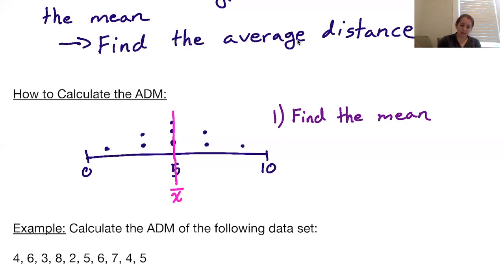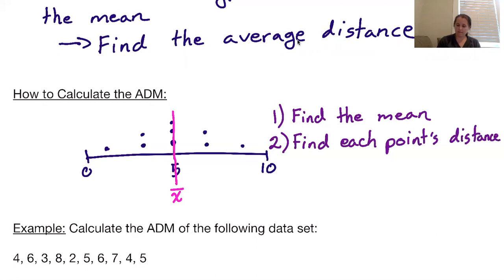From here then, we need to find how far each of the points is from the mean. So find each point's distance from the mean. So for each point, for example, if I pick this point right here, we are going to calculate how far away it is from the mean.